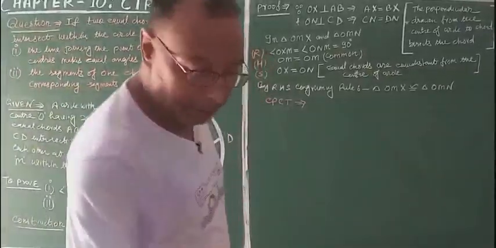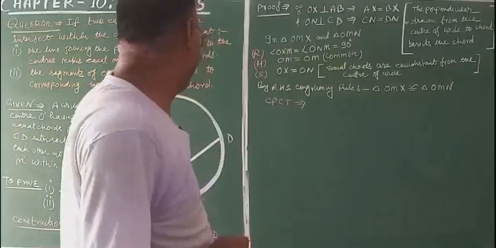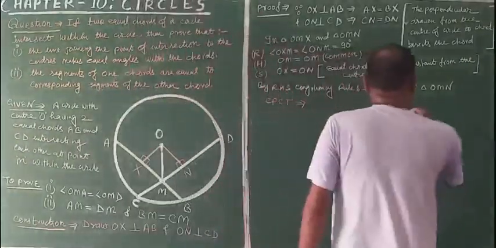First, just draw the two triangles. That is OMX. In this way you can write.